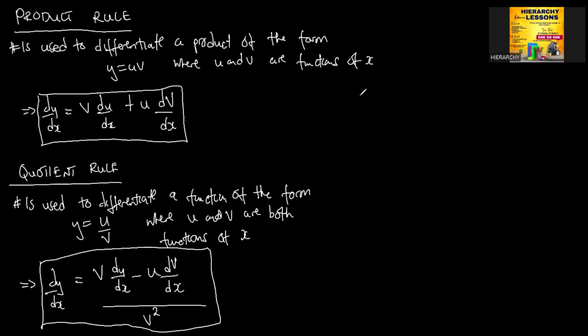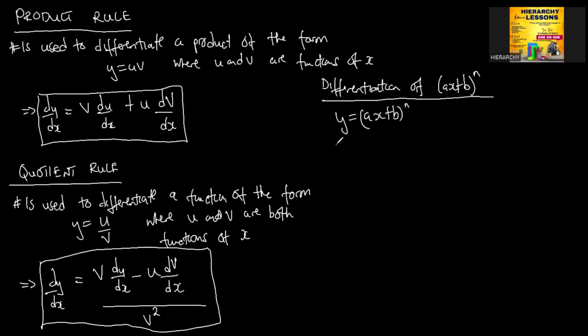So lastly, before we look at examples, we're going to look at differentiation of a certain function of ax plus b to the power n. So if y is equal to ax plus b to the power n, then dy/dx is given by n a, so the power multiplies the derivative in this case.